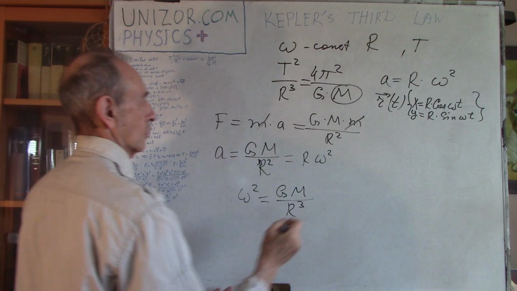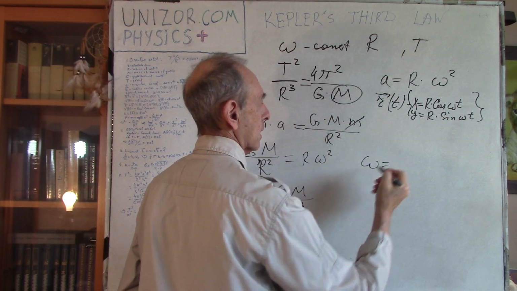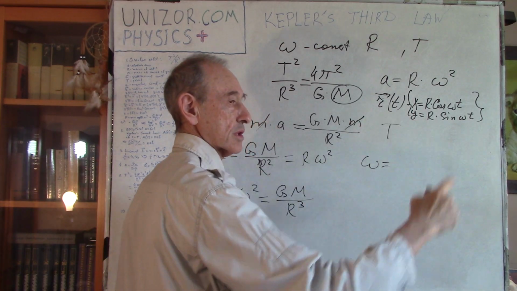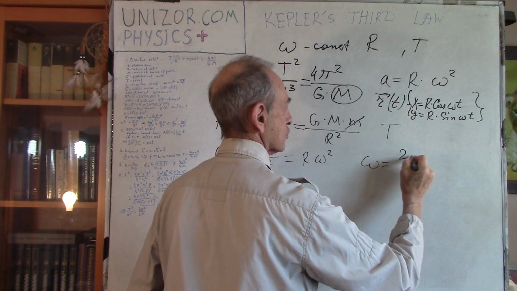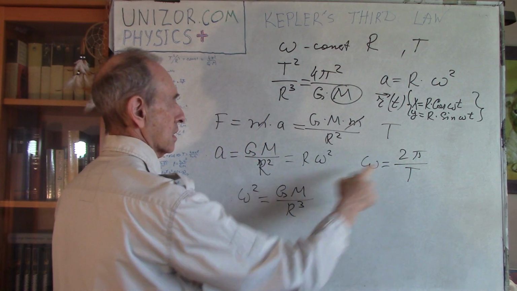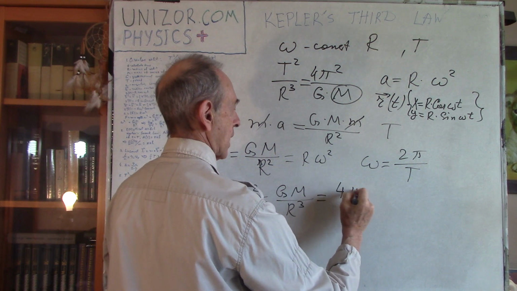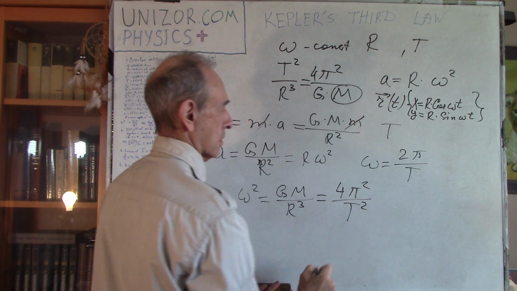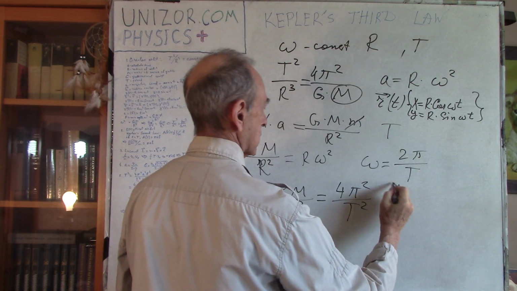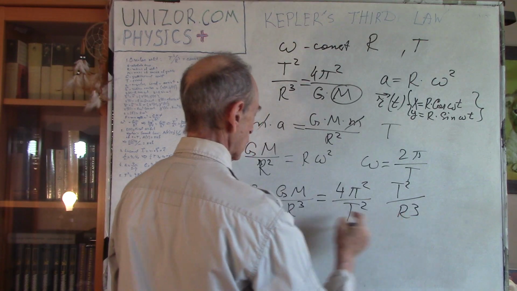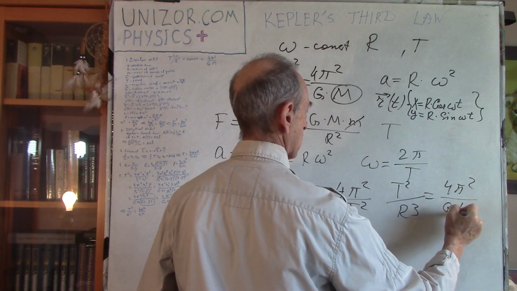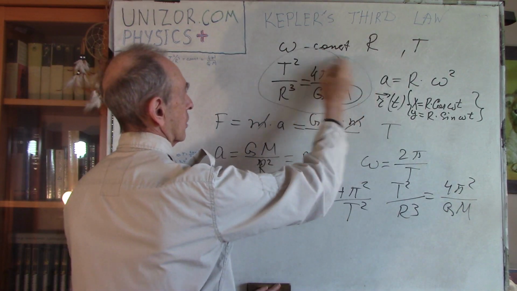Okay, now what is omega? Omega is angular speed. If you have a period T, during the period T there is a full circle, so it's 2 pi radians divided by T. So omega squared is equal to 4 pi squared divided by T squared, right? I square this. And as a result, T squared divided by r cubed is equal to 4 pi squared divided by G M, which I wanted to prove.